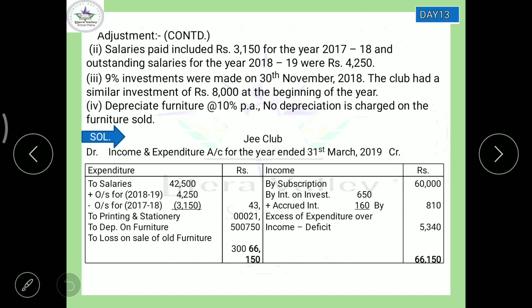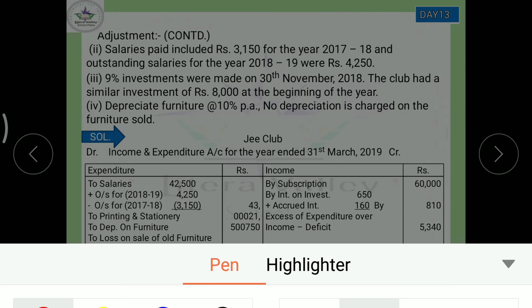So total depreciation on furniture is 750. Loss on sale of old furniture 300 rupees. So again you can see here 5,340 is the deficit. This is the amount of the deficit.